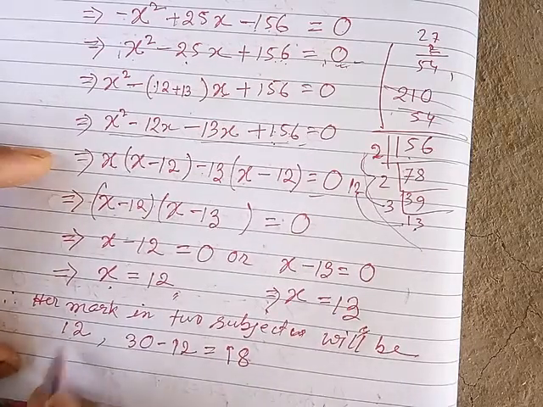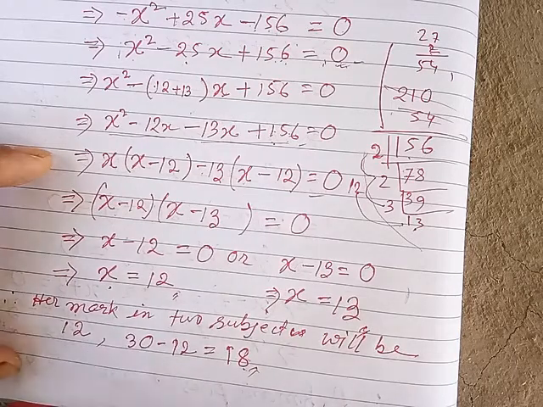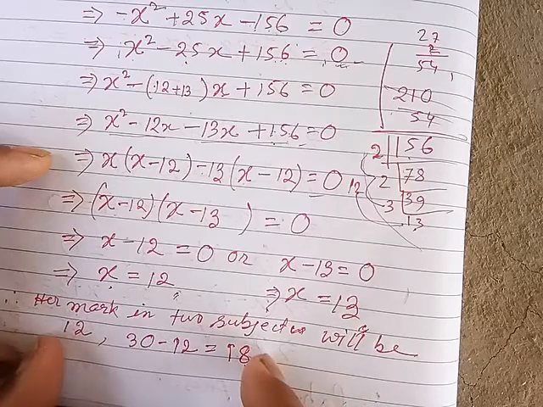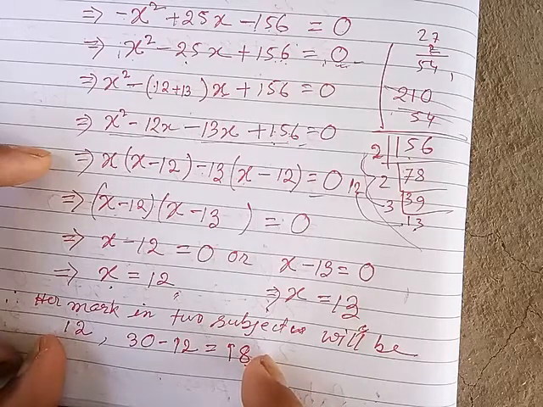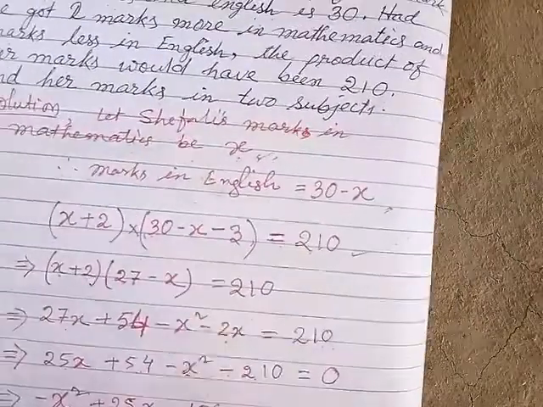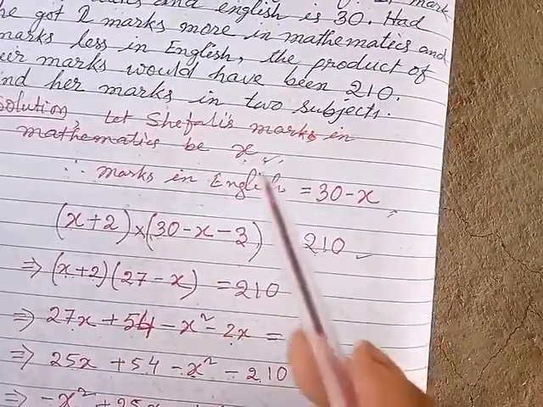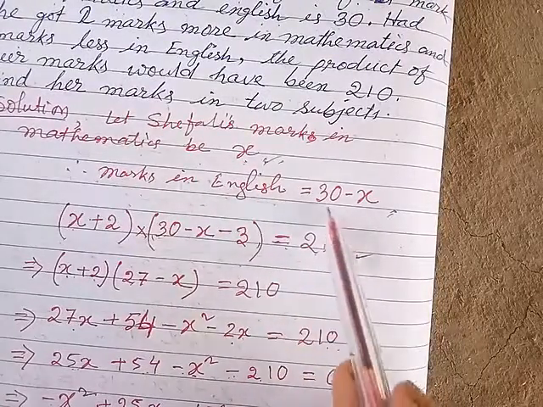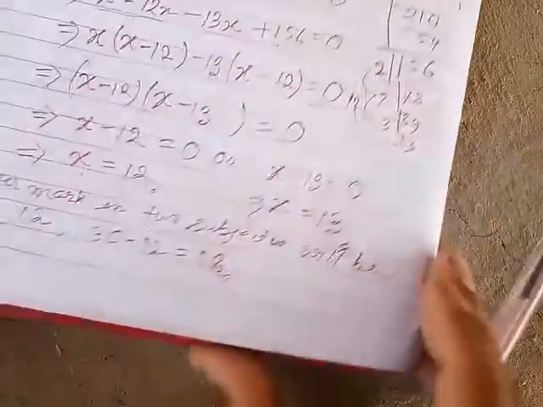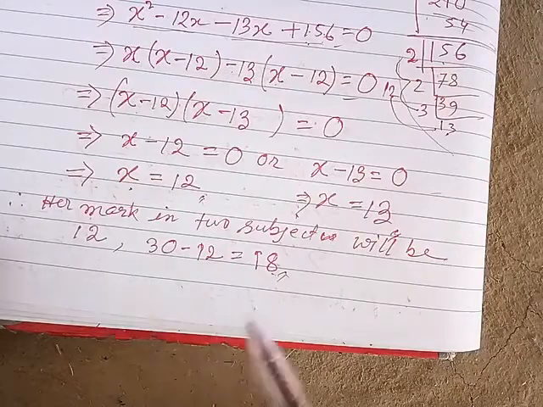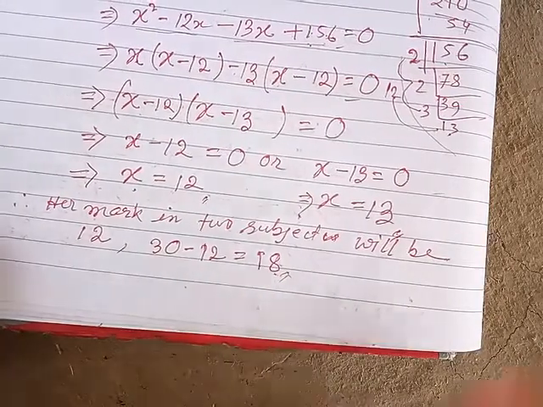Our marks will be 12 and 18. Mathematics marks is 12 and English mark is 18, because mathematics marks and English marks together should be 30. As per the question, you see here, mathematics marks is x and English mark is 30 minus x. So if the mathematics marks is 12, then English marks will be 18.